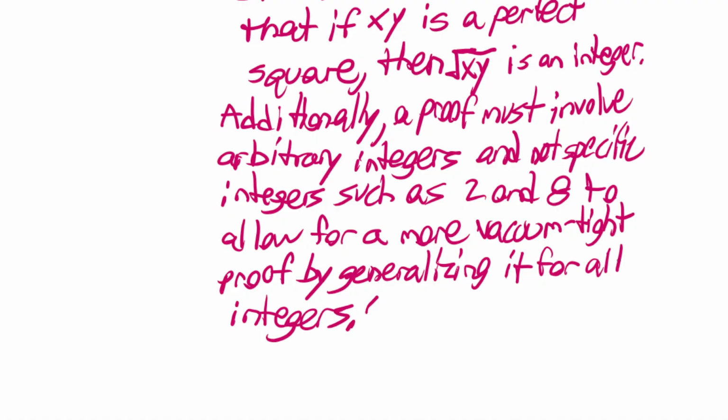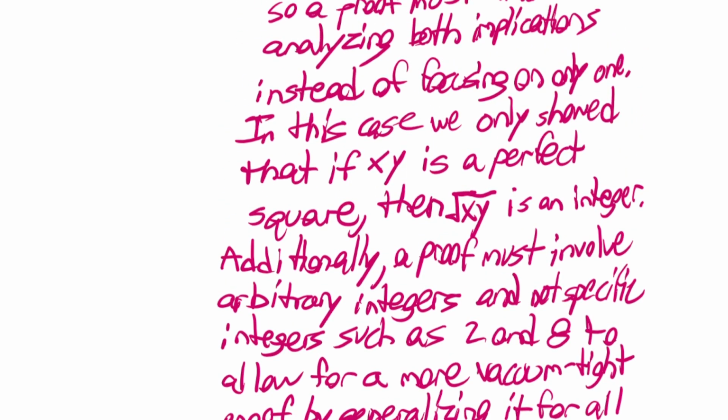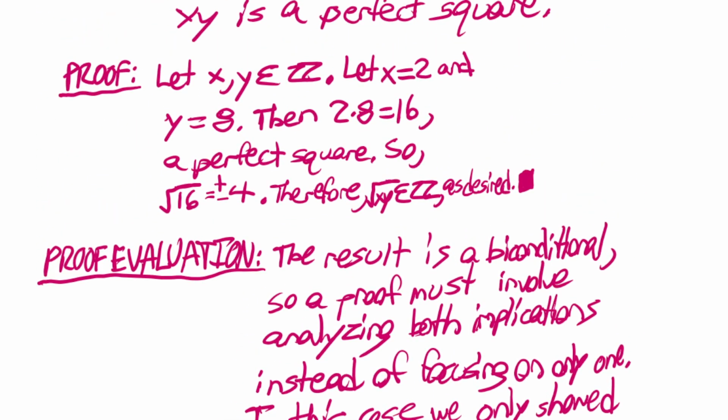And that is the proof evaluation for this proof that we were given. Basically, the mistakes that were found in this is that it was a biconditional. So the proof that we were given only proved one implication, because you remember a biconditional is only true when both implications are true.